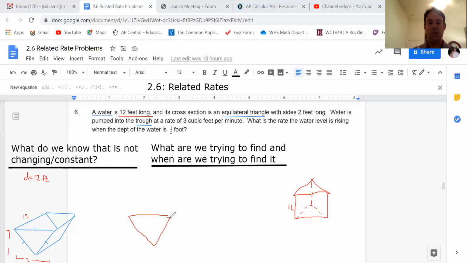So if we're looking at the whole thing here, we'll call this x for the side length. If I draw a straight line all the way down here, we saw back in Integrated 2 that makes a 30, 60, 90 right triangle.